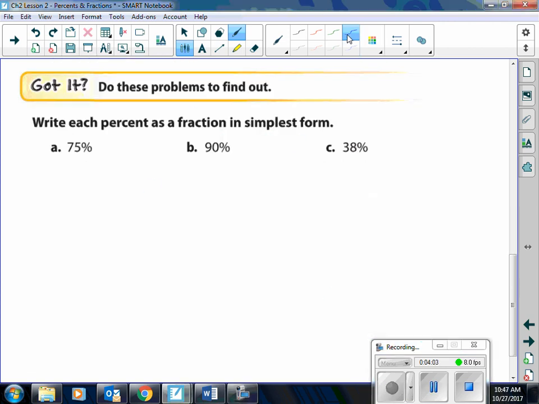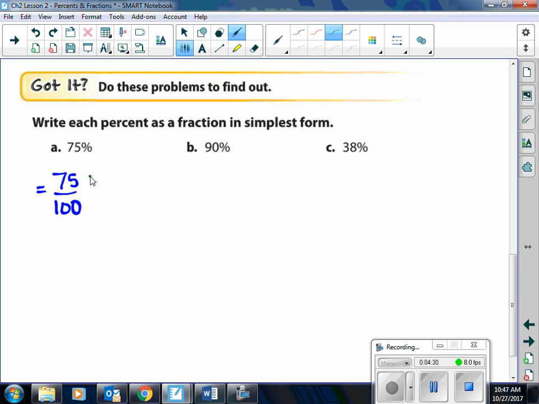All right, so let's do these got it problems. So here we want to write each percent as a fraction in simplest form. Okay, so here we have for problem A, 75%, and written as a fraction, that's going to be 75 over 100. Now we have our fraction, now we can simplify it.